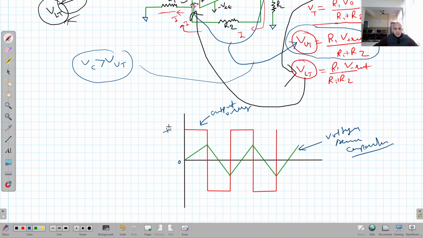This is plus V saturation. This is minus V saturation. Now this point is V upper threshold, and this point is V lower threshold that I have taken here and here. These are the two voltages. This is the voltage across the capacitor.